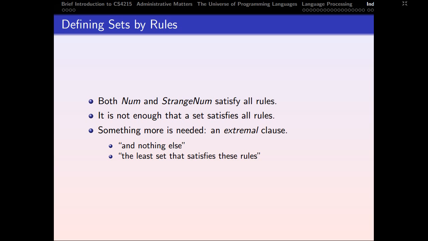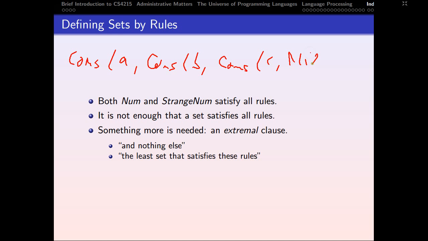Well, a stream of data is going to be a list, right, that has no end. So it's very much like the successor of the successor of the successor of the successor. How are we going to define a list? I'm jumping the gun a bit. We're going to define it as something like cons of the first element and cons of the second element and cons maybe of the third element, and nil.